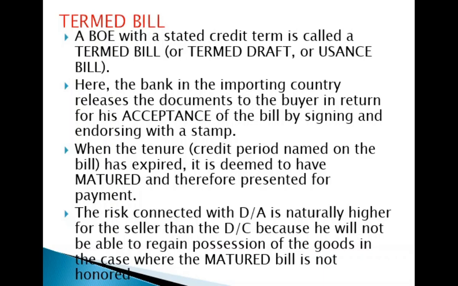The risk connected with document against acceptance is naturally higher for the seller than the document against collection, because the seller will not be able to regain possession of the goods in the case where the matured bill is not honored by the buyer.